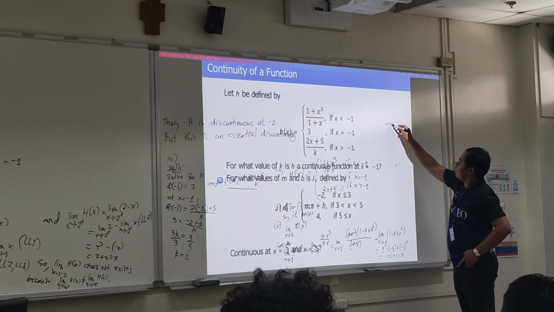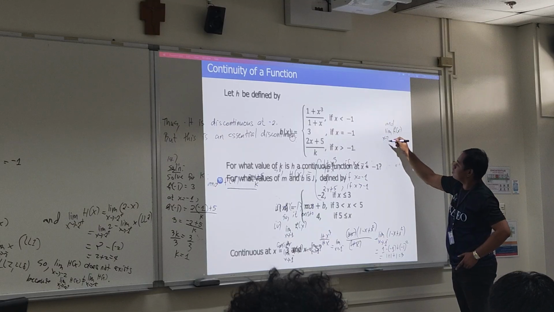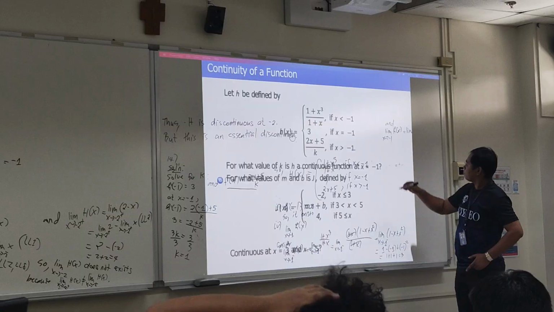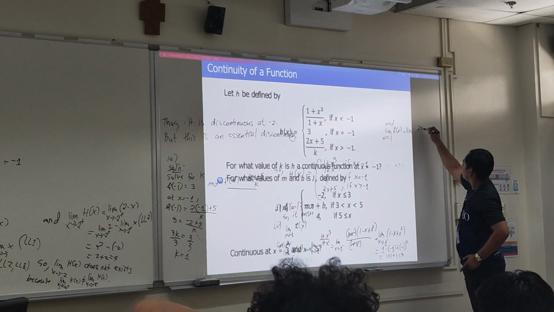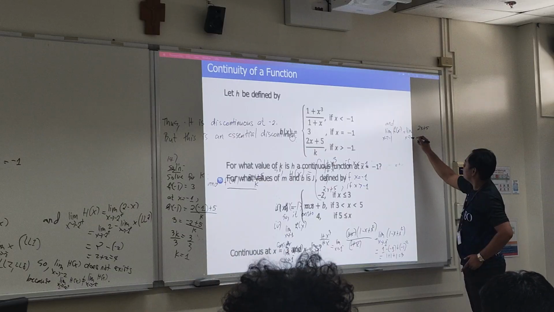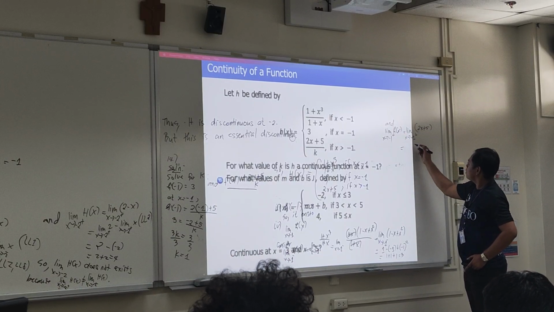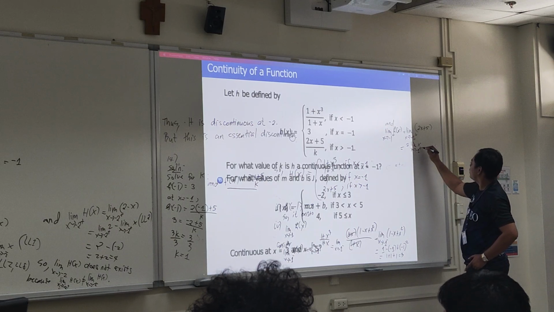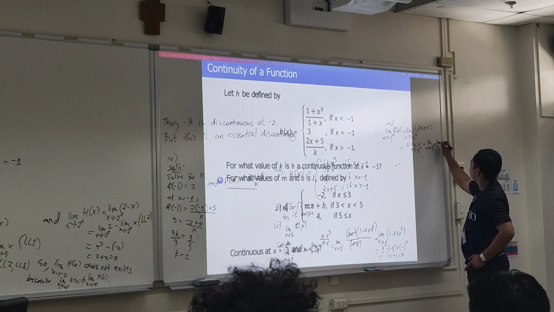Okay, and what is the right-hand limit? The limit of h of x as x approaches -1 from the right is equal to the limit of this one, no? 2x plus 5, as x approaches -1 from the right. So this is just 2 times the limit of x as x approaches -1 from the right plus the limit of 5.